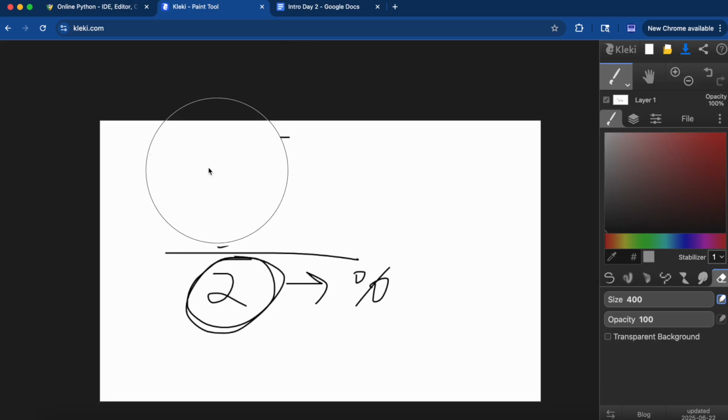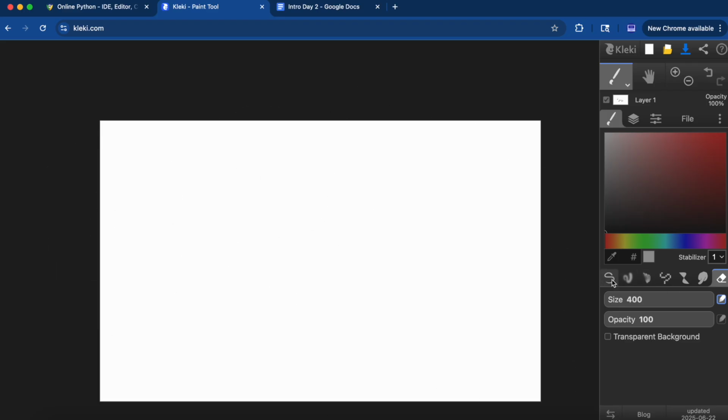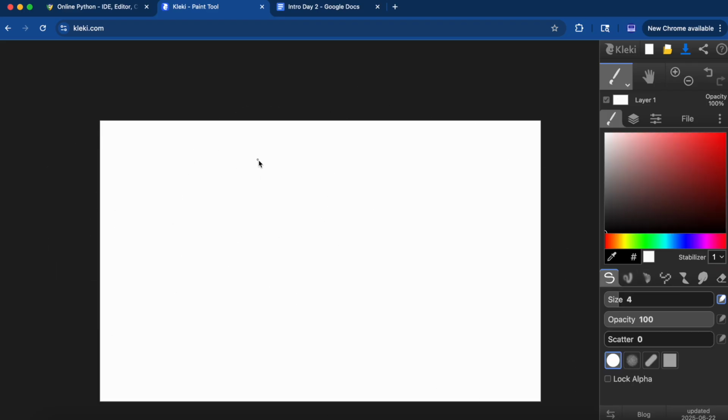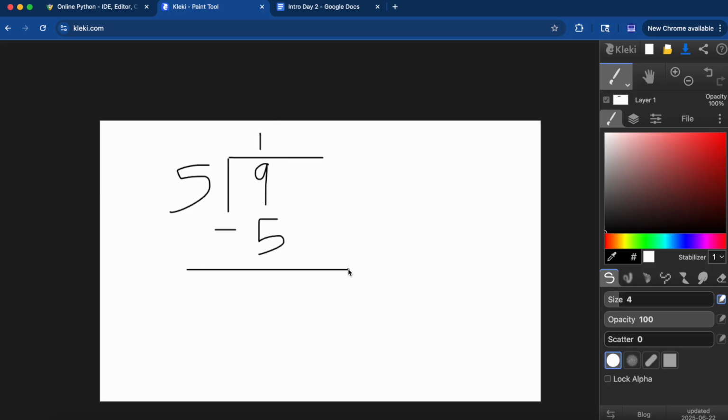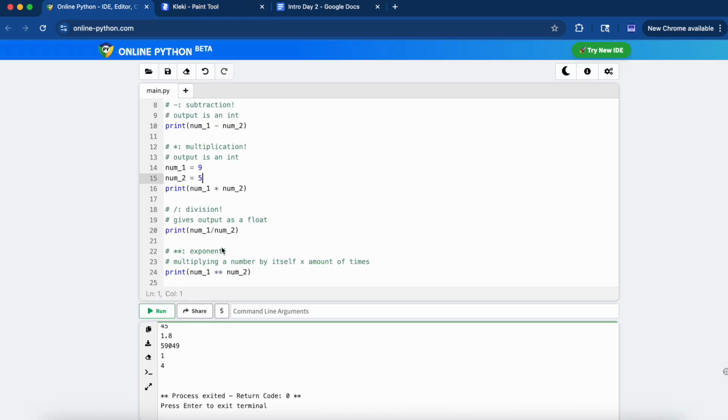Let me erase all of this first. But let's do 9 divided by 5. 5 goes into 9 one time, so you subtract 5. Then you get a 4. And so this 4 is what the modulus returns. And that is what the modulus does in Python.